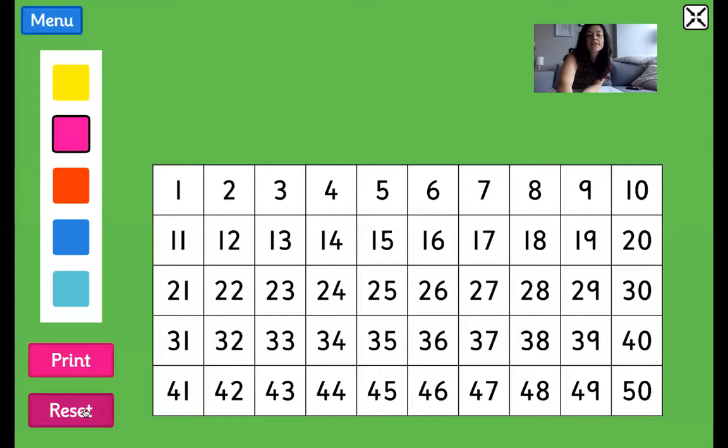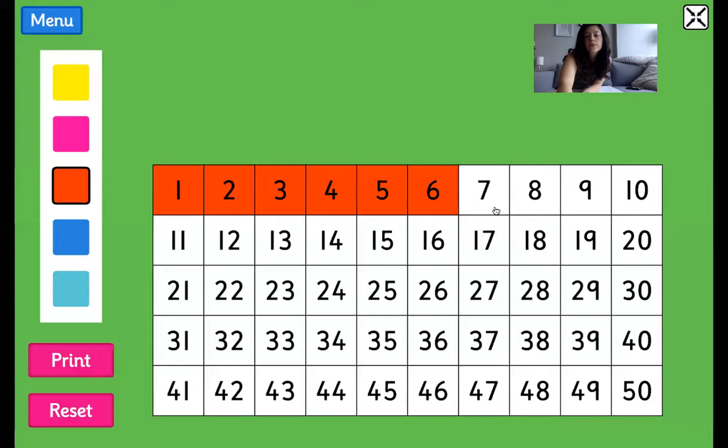Can you please find the ones? Yep, those ones are easy. They're the first row. They're every number before 10. These are the ones.